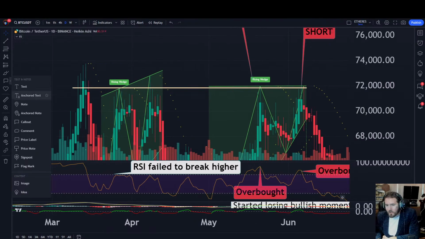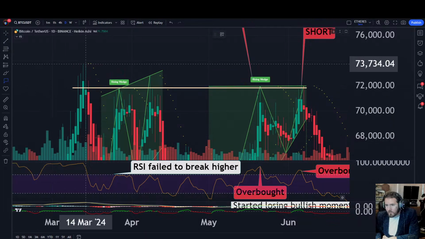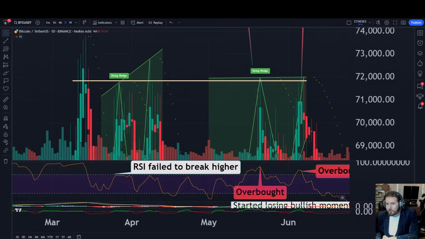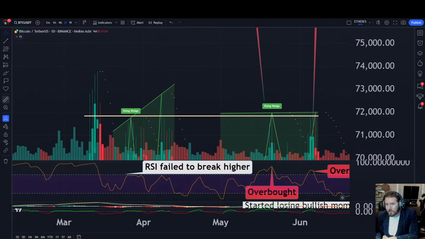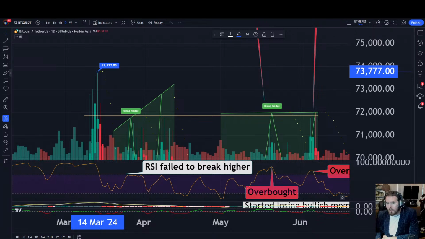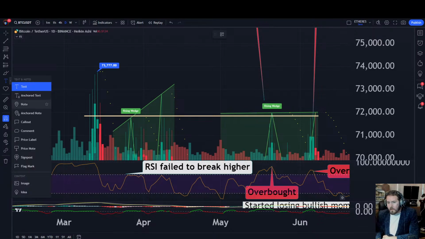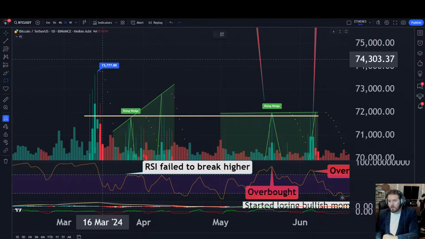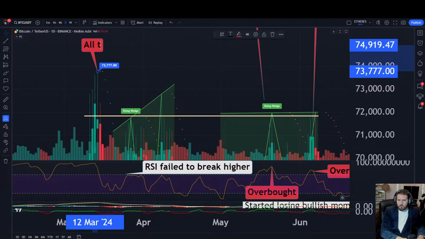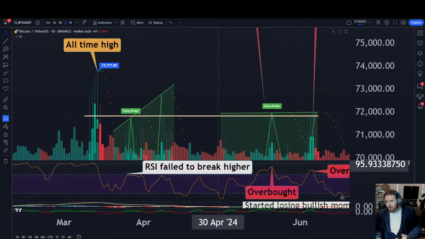We're going to add this on the chart. It's going to be a price label. Let me zoom in. Magnet, price label. And we're going to say all-time high. I guess we'll make this one gold. Recognize it a little bit different.